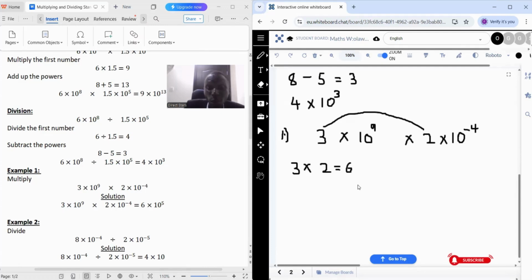Then for the powers, the multiplication sign is going to change to addition. So we are adding 9 plus minus 4.